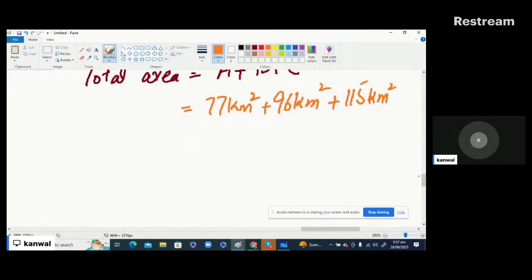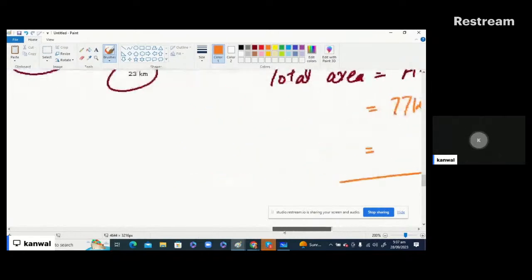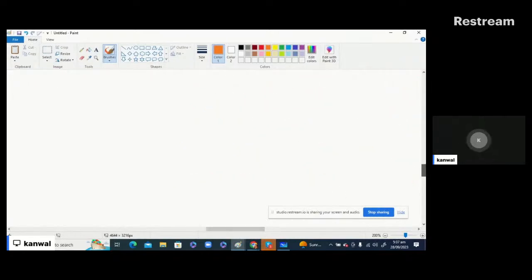Okay. Plus 115 plus 96 and plus 77. So when you add all the numbers, then you got the answer 288 kilometer square. And this is your total area of this figure.